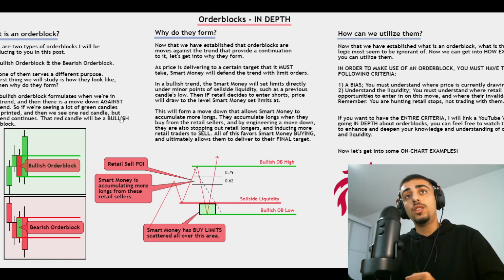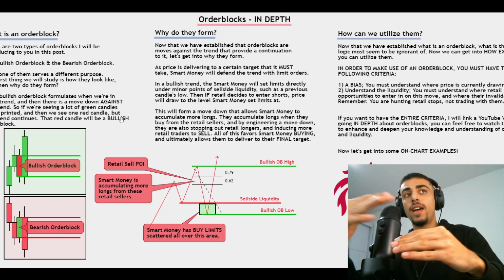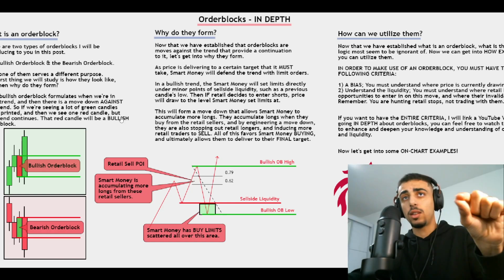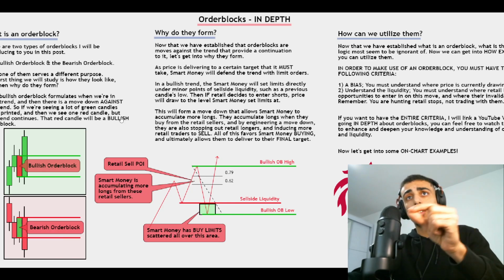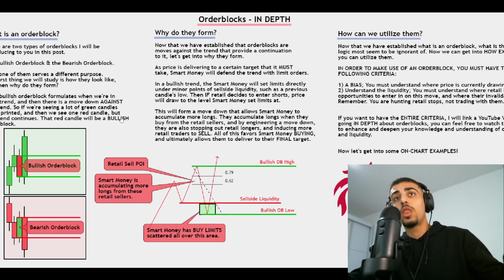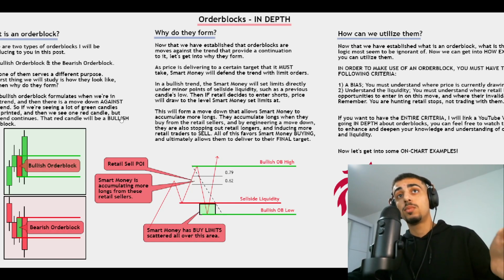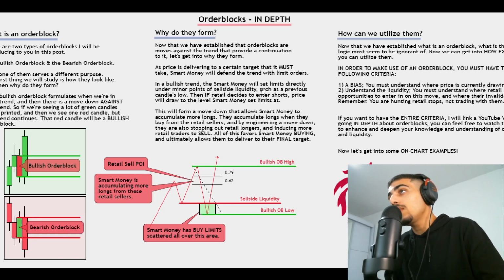So what am I going to do? I'm going to use my large capital to defend those places. If I set limits at those places, price cannot go to those places unless somebody with more money than me decides to move it to those places. And there's nobody with more money than the smart money. So the smart money will defend the trend with limit orders.